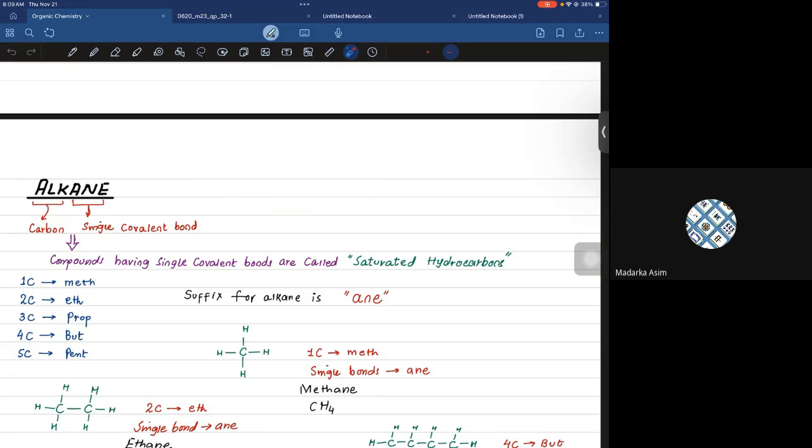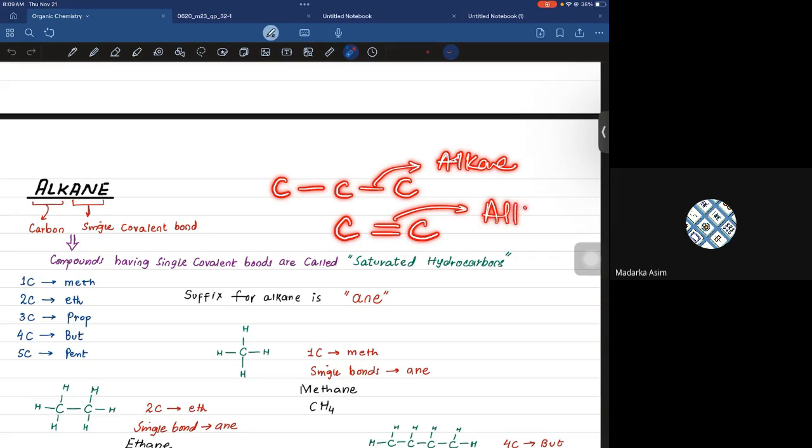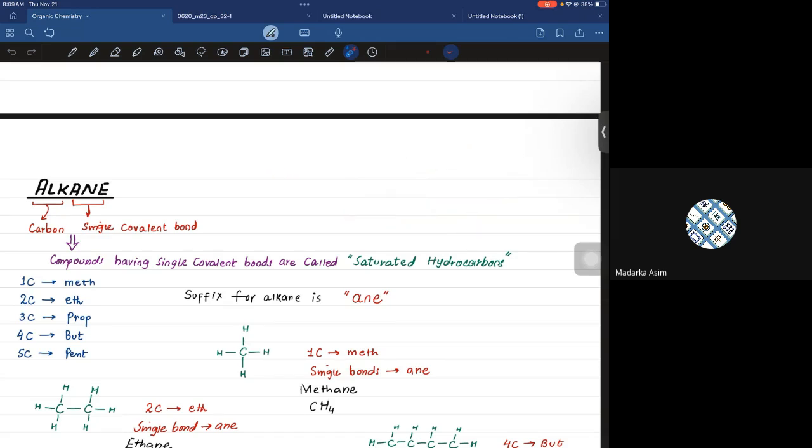So, those hydrocarbons in which there is a single bond between the carbon-carbon atoms, that is known as alkane. Or, if you can see the double bond, then this is known as alkene, right? So it depends upon the type of bonding. Is there a single bond or a double bond? If there is a single bond, you can say that this is alkane, and if there is a double bond, you can say that this is alkene, right?